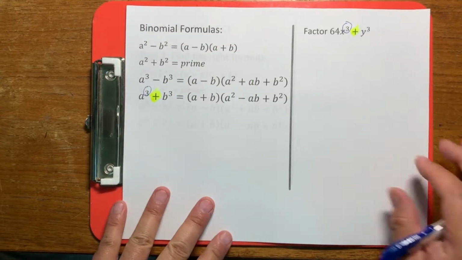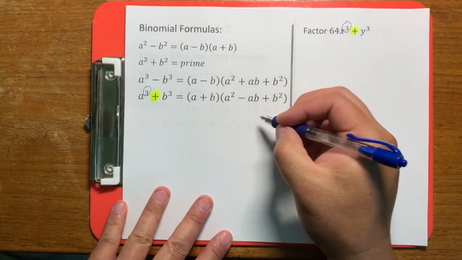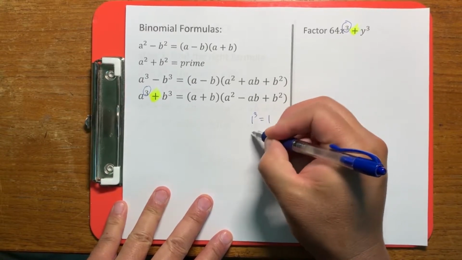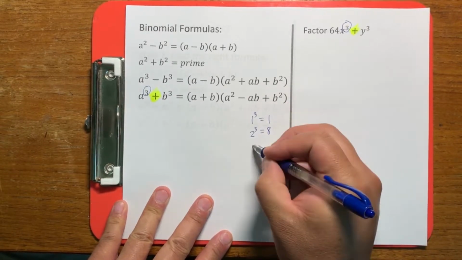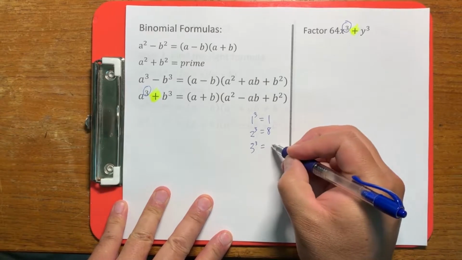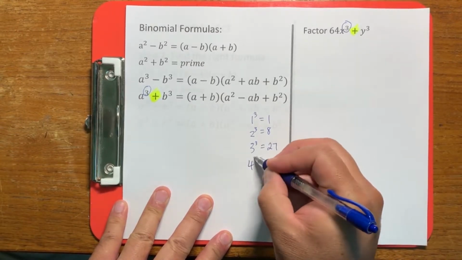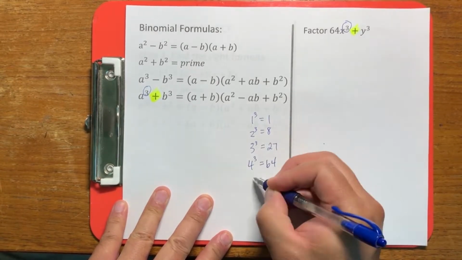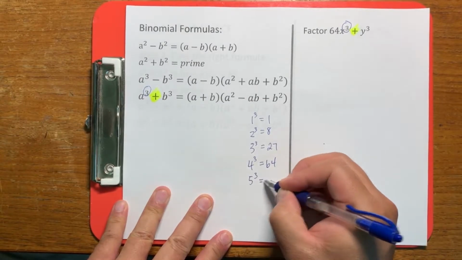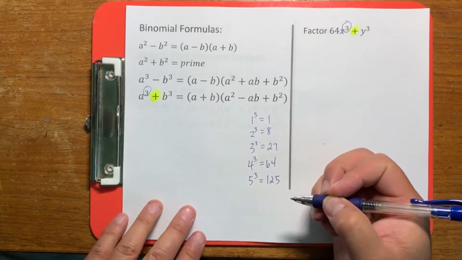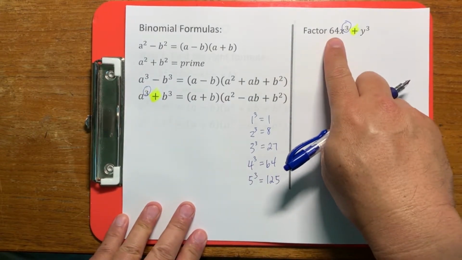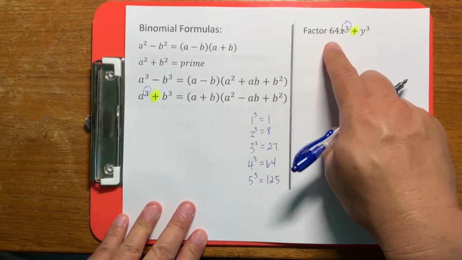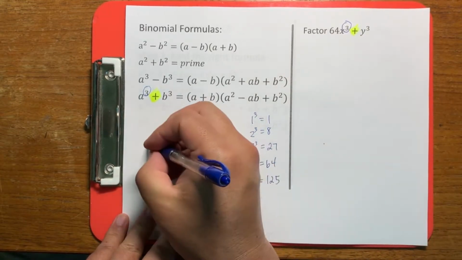And if we write down the cube chart again, 1 cubed is equal to 1, 2 cubed is equal to 8, 3 cubed is equal to 27, 4 cubed is equal to 64, 5 cubed is equal to 125. We can see that when we see 64, we should think 4.